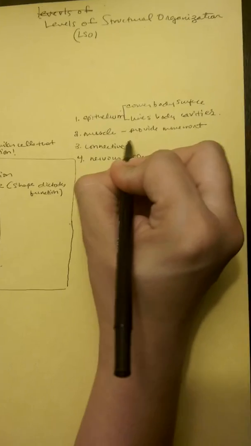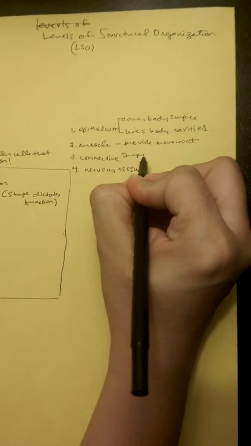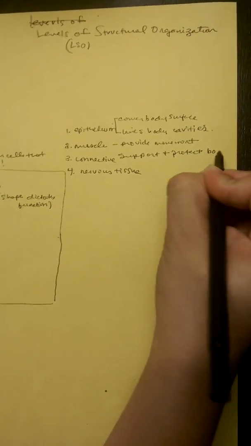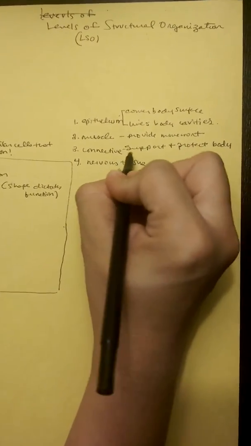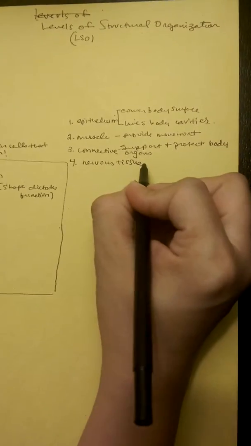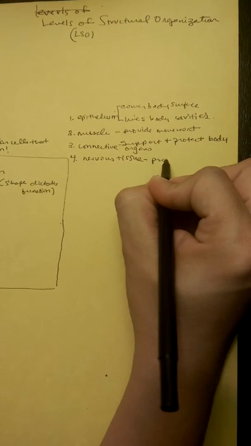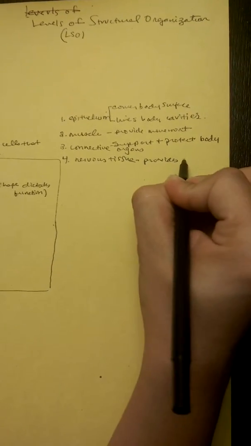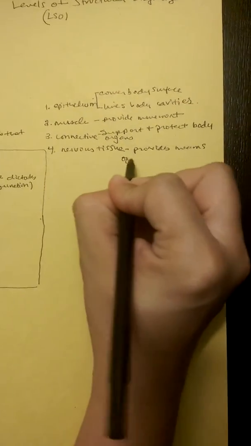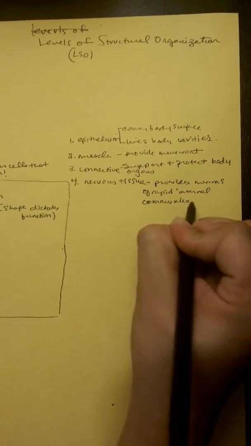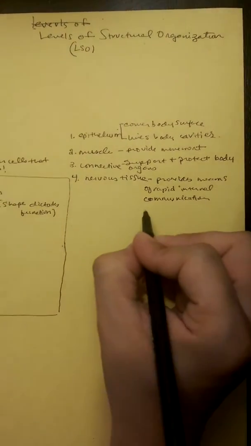And so connective tissue works to support and protect body organs. And then we have the nervous tissue. And so the nervous tissue provides the means of rapid internal communication via electrical impulses.